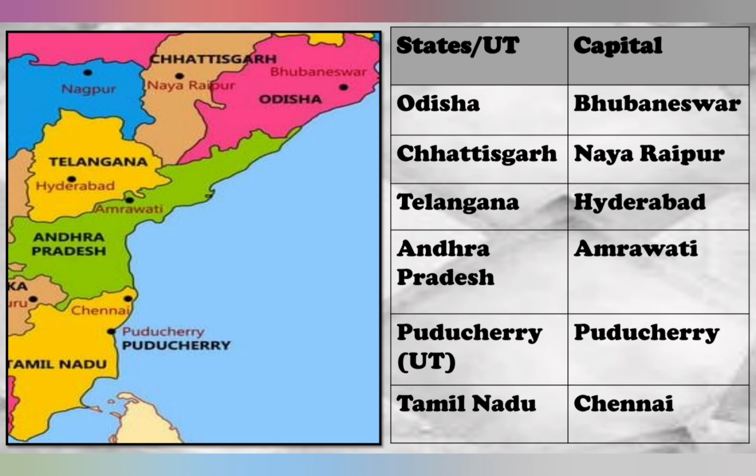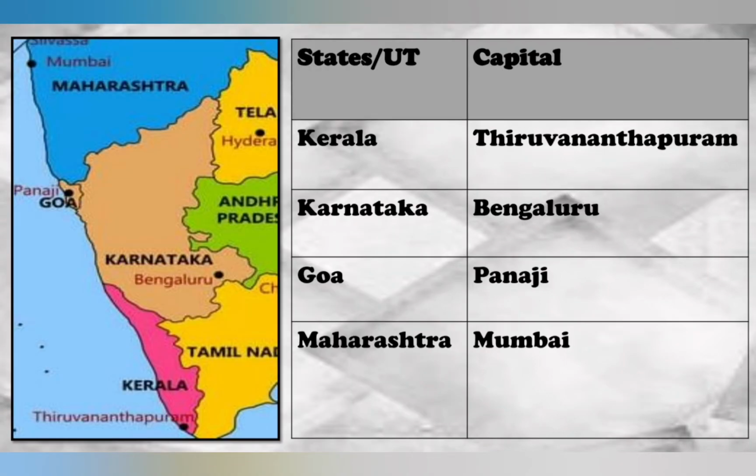Next, Tamil Nadu, its capital is Chennai. Beside Tamil Nadu, we have Kerala and its capital is Thiruvananthapuram.